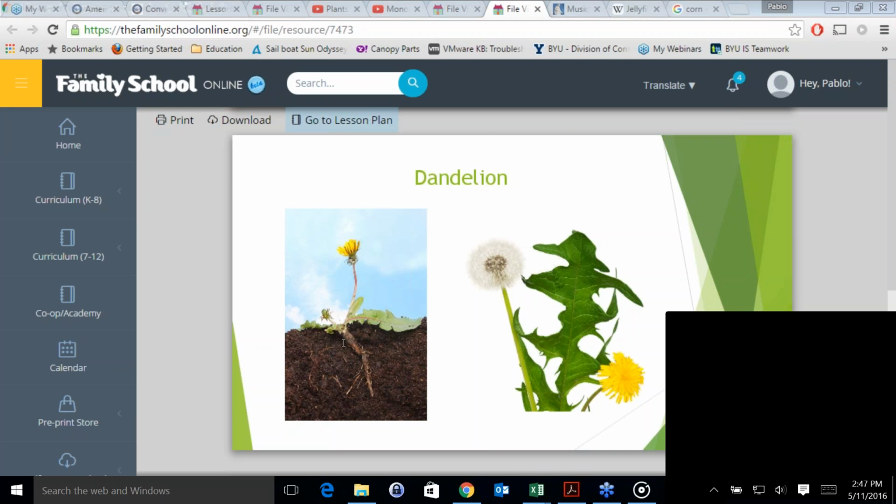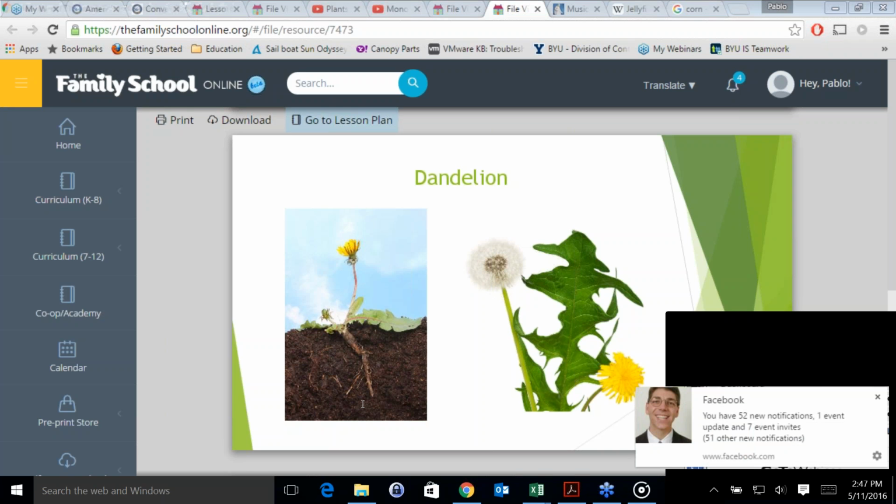So there's a lot. Anna says here the taproot. Do you remember ever pulling out the dandelion plant and having that huge taproot that is impossible? You have to really dig deep and well in order to get all of the taproot out.